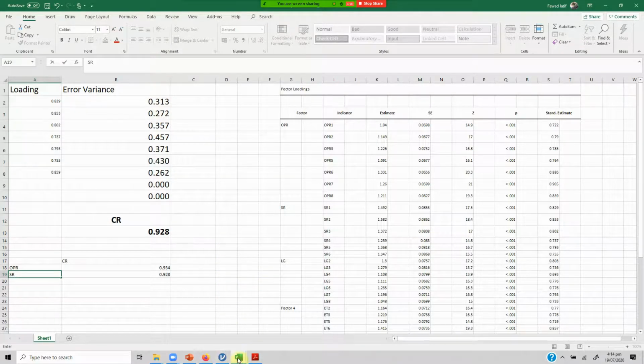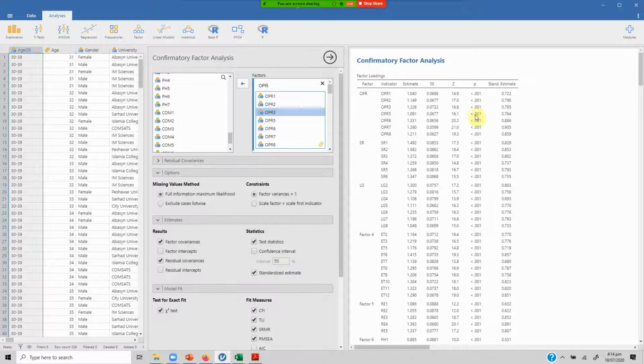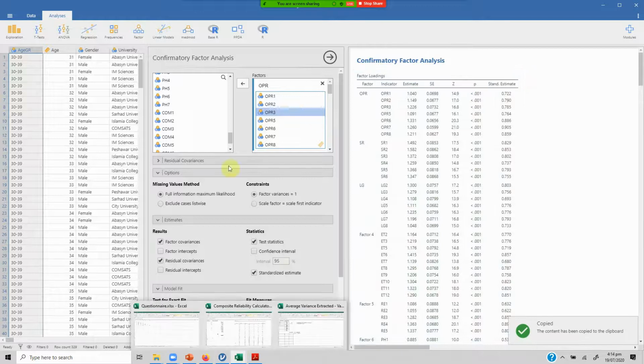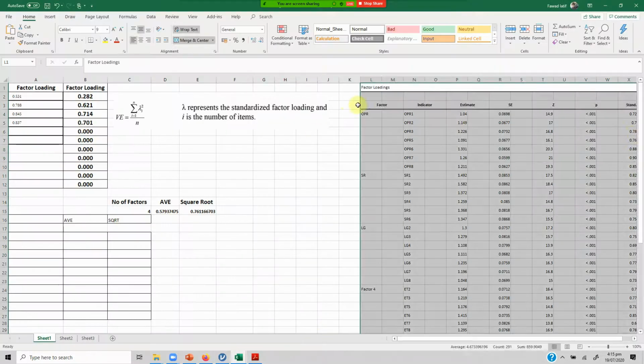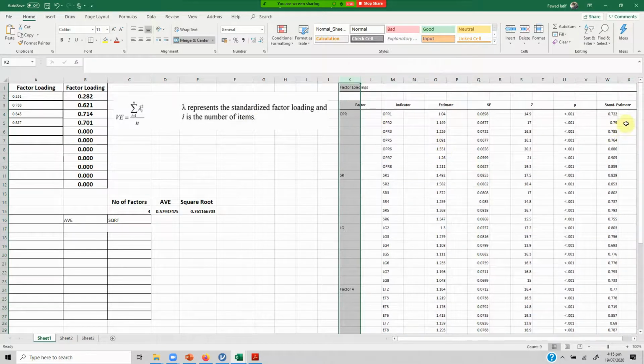In order to calculate average variance extracted, you go to the average variance extracted calculator. Similarly, just paste this here, and copy these loadings.